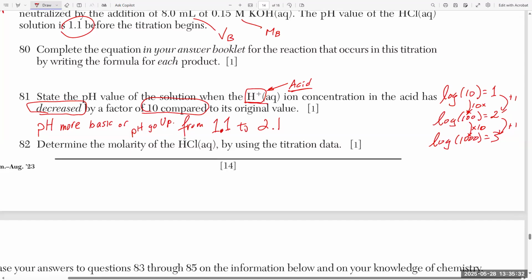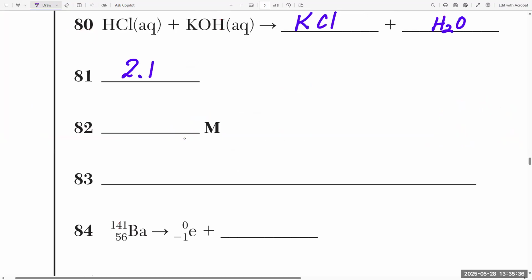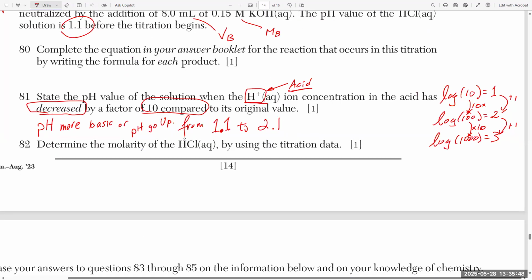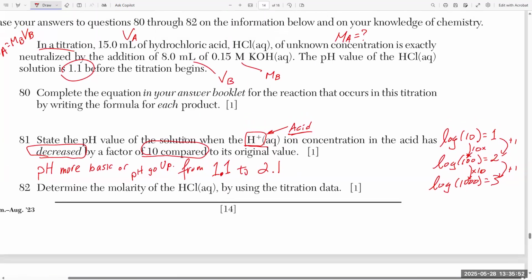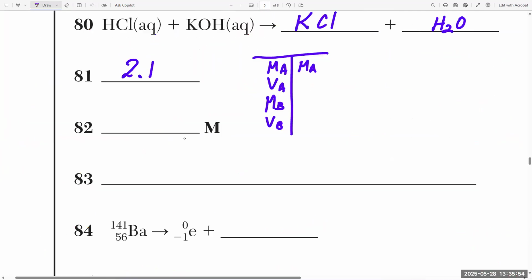Determine the molarity of the HCl by using the titration data. Here it is. That's literally what they were asking us to do. So let's go. We got Ma, Va, Mb, Vb, and like a good student, I'm going to set it up. So you want the molarity, that's our unknown. And let's go up here. We have all the values: 15.0 milliliters.